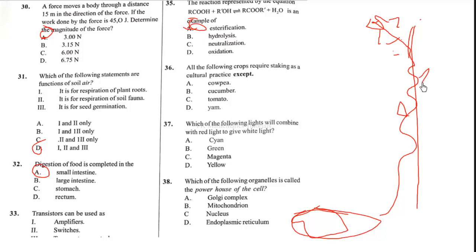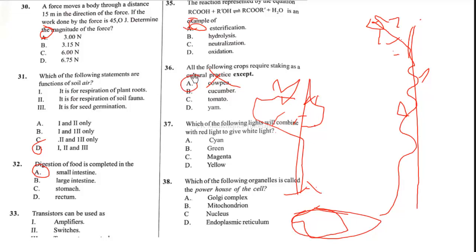Then you also have tomatoes, the same. Cucumber, the same. But cowpea, beans, cowpea, no. So the correct answer is option A.